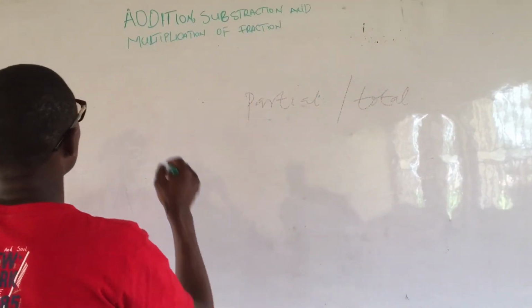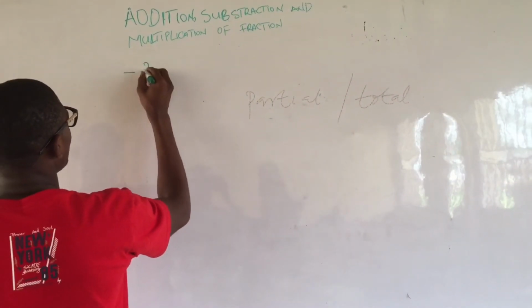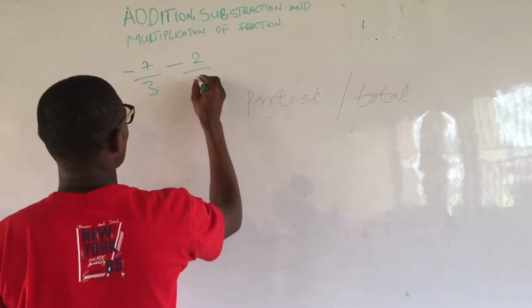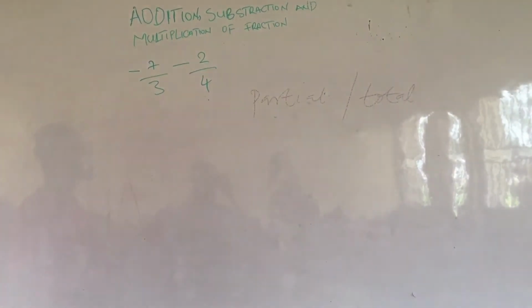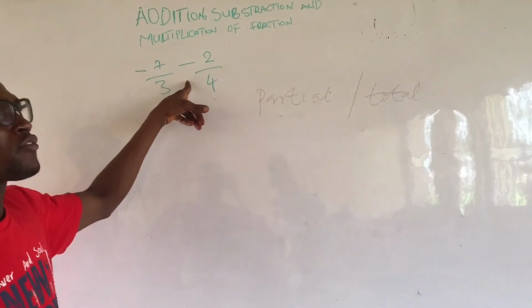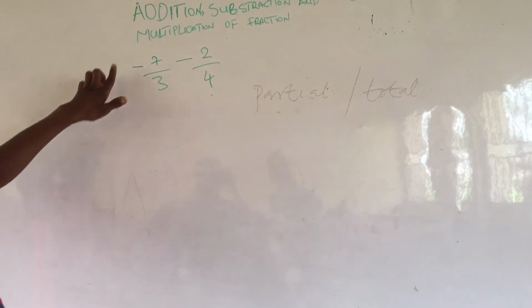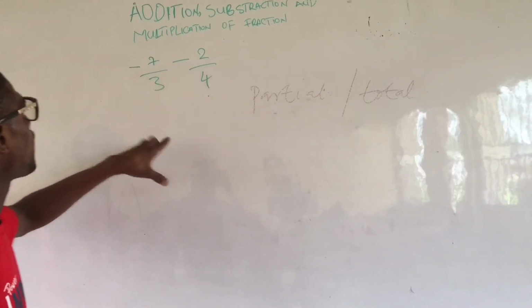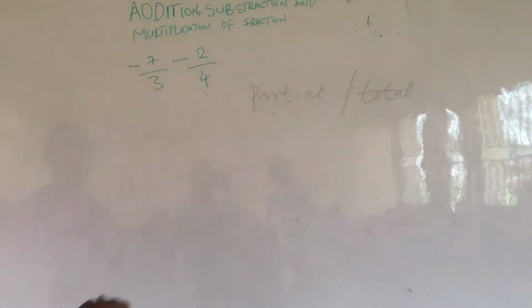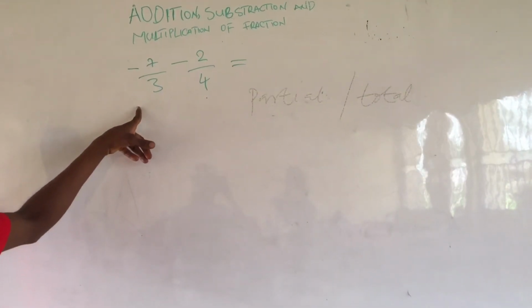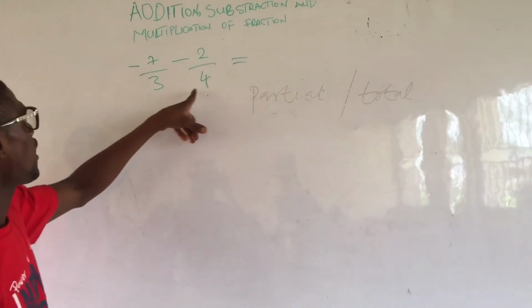Then another example, if I have minus 7 all over 3 minus 2 all over 4. What will I do here? I have a negative sign and I also have a negative sign. Remember from the previous video, I said you owe when you have a negative sign, and you still have the debt. So you have two debts. So what do you do in this case? First, you have to take the LCM of the two denominators, which are 3 and 4.